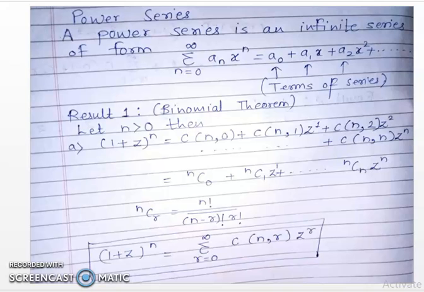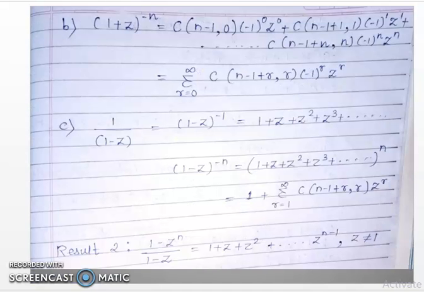Then the next formula of the binomial theorem is (1 + z)^(-n), which is equal to C(n - 1, 0) into (-1)^0 into z^0, plus C(n - 1 + 1, 1) into (-1)^1 into z^1, up to, for n terms, C(n - 1 + n, n) into (-1)^n into z^n.